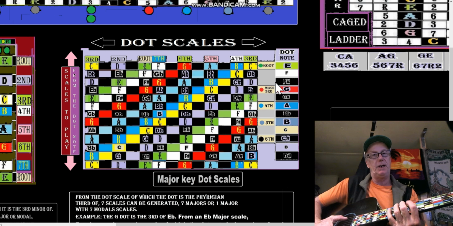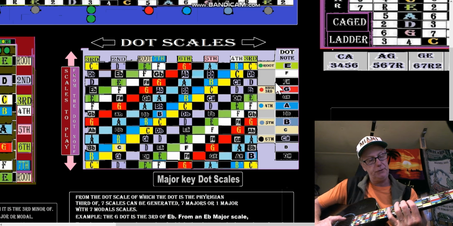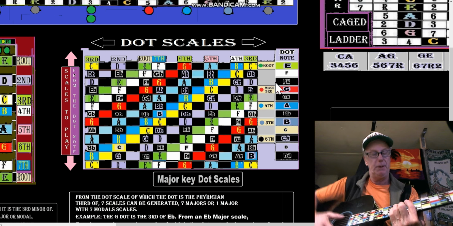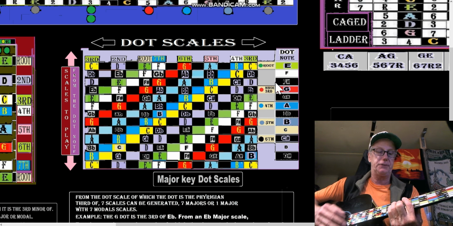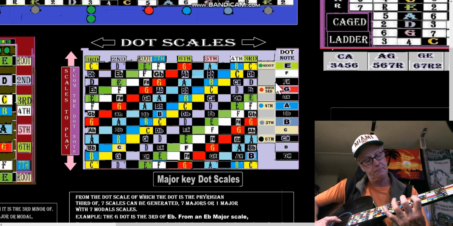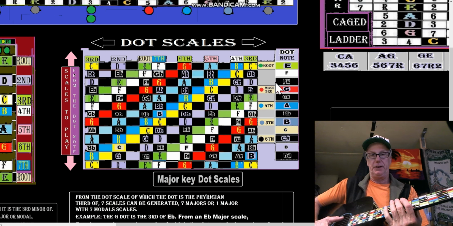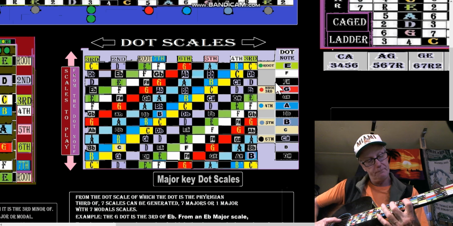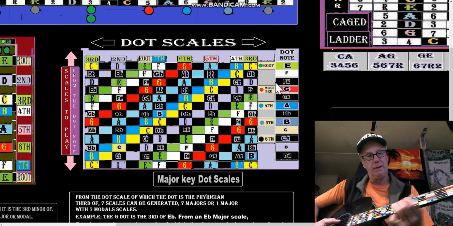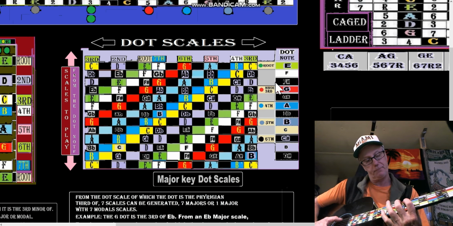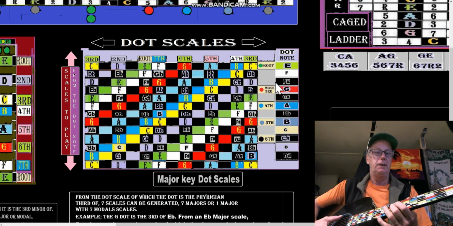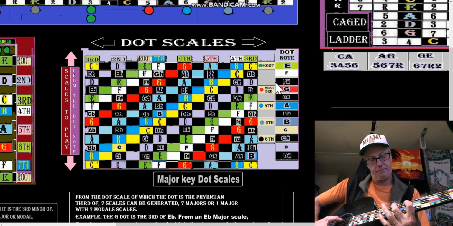So if we start on an Ionian, I'll do an E shape. If you have an E shape there, you know that's going to be an Ionian. And then it could be a Dorian. It could be a Phrygian. It could be the Lydian.